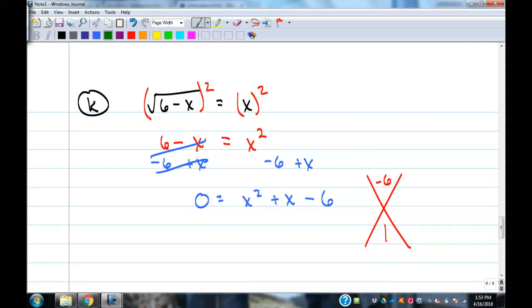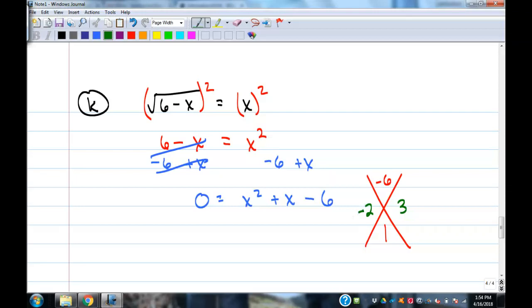So what are the things that multiply to be 6? 2 and 3, okay? But to be negative 6, one of those has to be negative, right? Which one should be negative so that it'll add to be positive 1? The 2 should be negative, right?